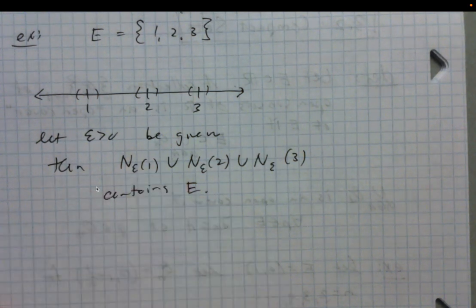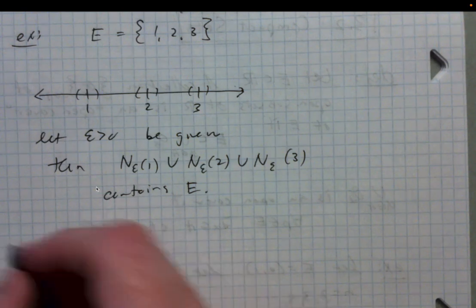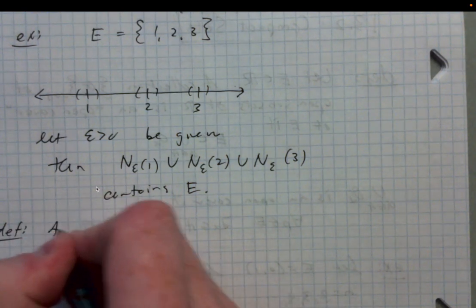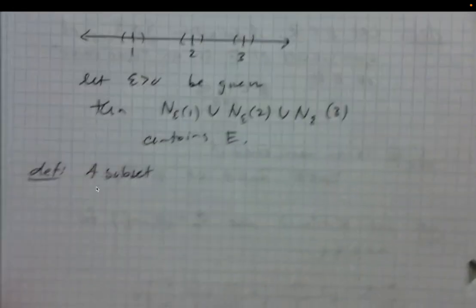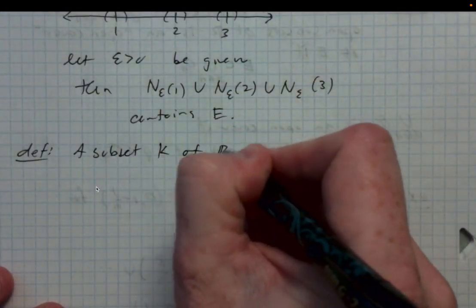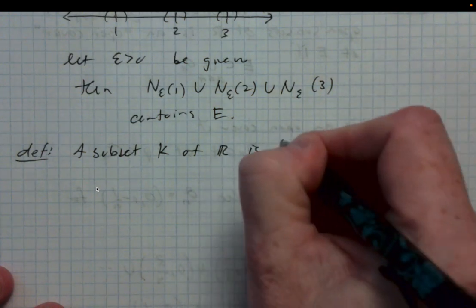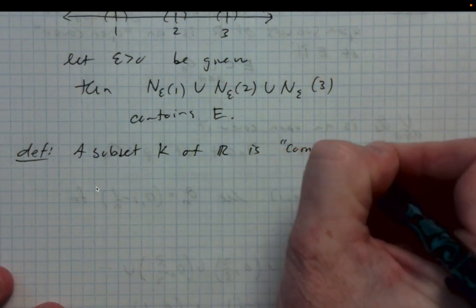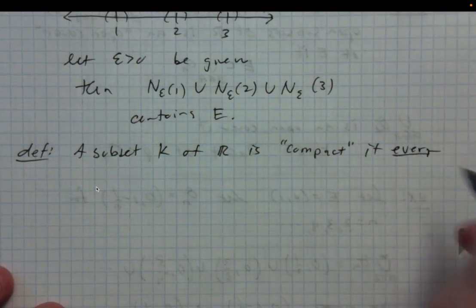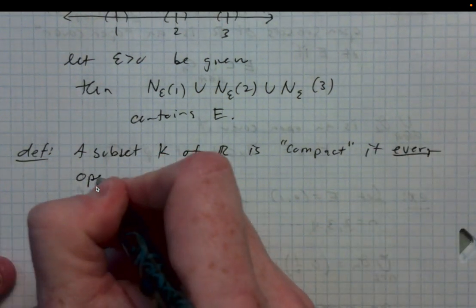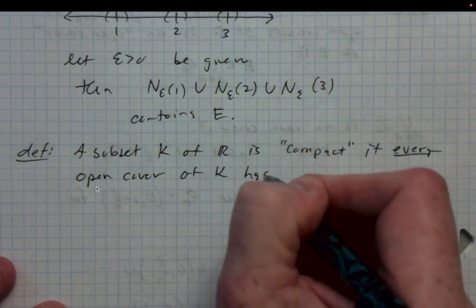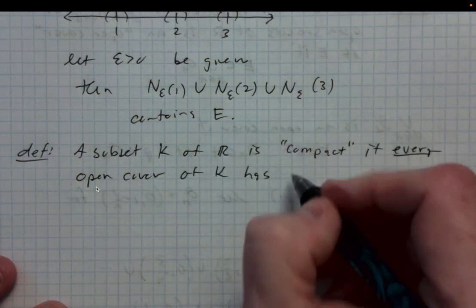Let's talk next about what we mean by a compact set, because the two are closely related. So we say that a subset K of R is compact if every, it's very important, every open cover of K has a finite subcover.